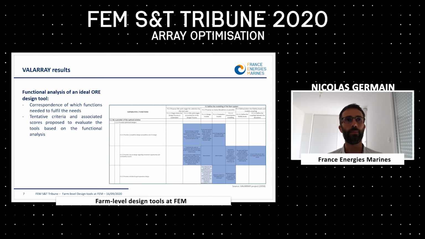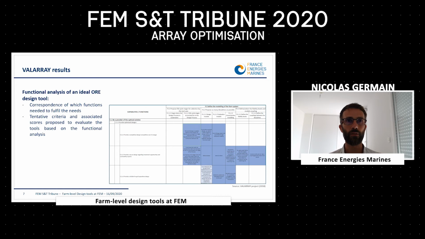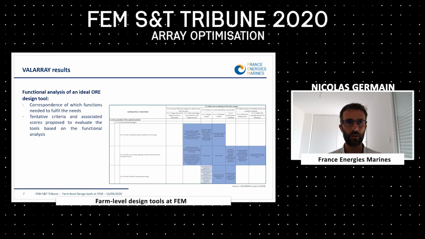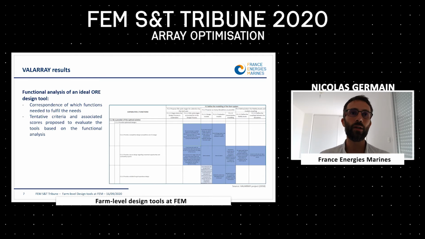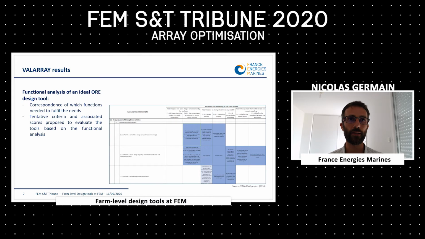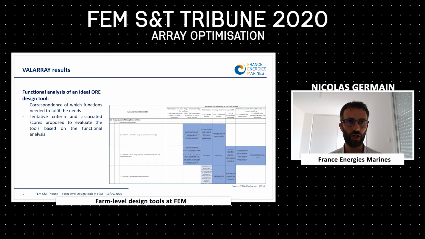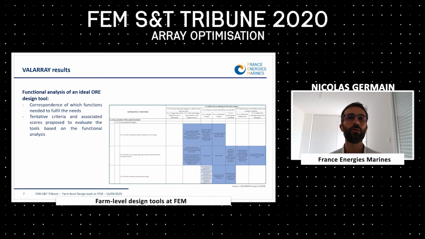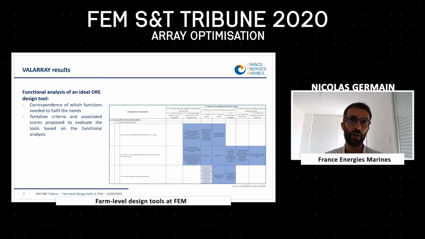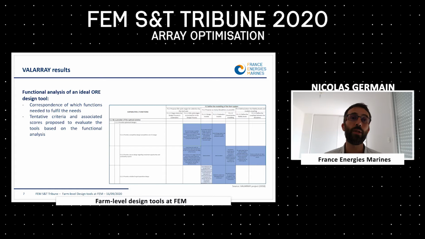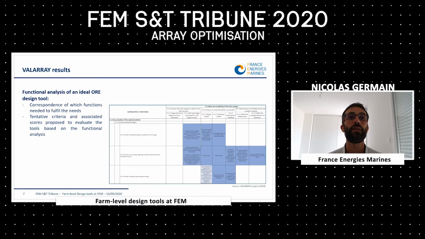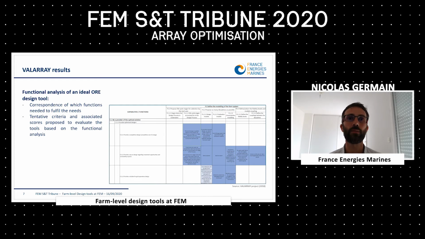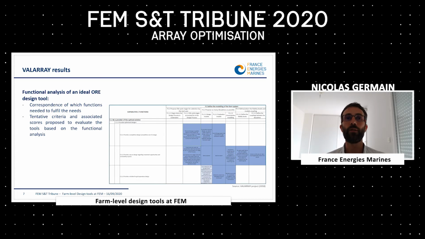There is no exclusive matching. Another last result we have about this functional analysis has been a tentative definition of criteria and associated scores, so as to be able to evaluate your tools. So for each match between capability and function, we have defined some criteria and some thresholds to evaluate your tool.